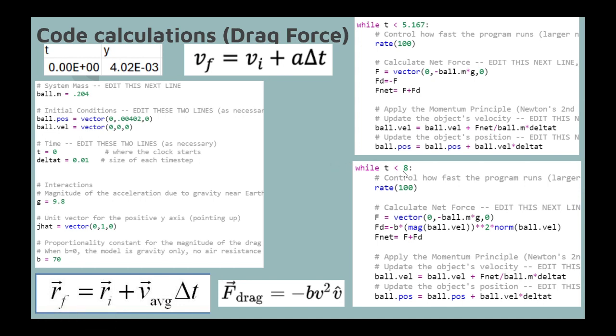While time is less than 8 seconds, which is how long it took to get to the floor, we have F equals negative mass times gravity, and then F drag is negative b, magnitude of velocity squared, times the normalized velocity. You add those together to get the force, and then again use the update formulas.